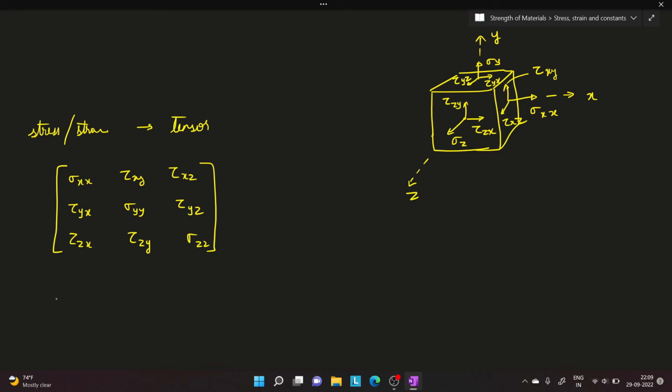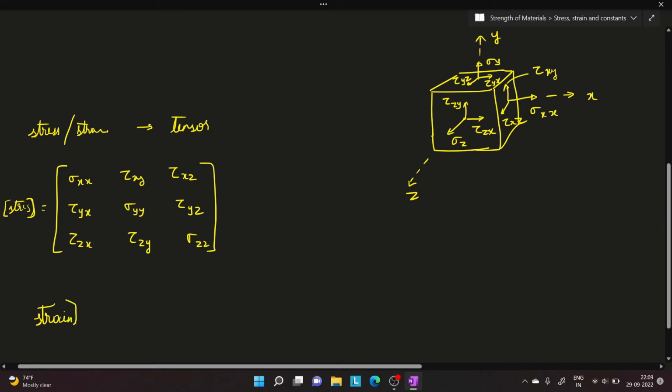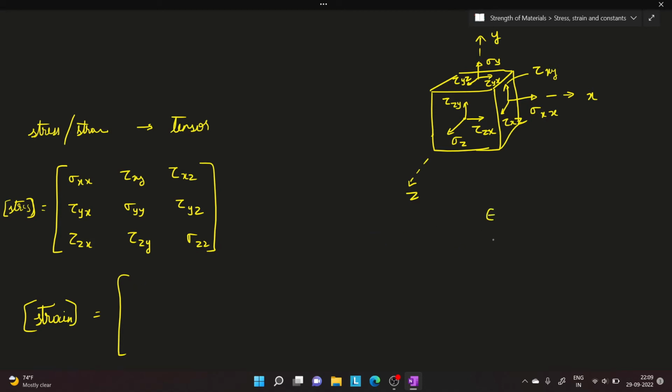Coming to the strain, this was the stress. For the strain, the tensor is going to be, firstly, the direct strain represented by epsilon, and the shear strain represented by phi.